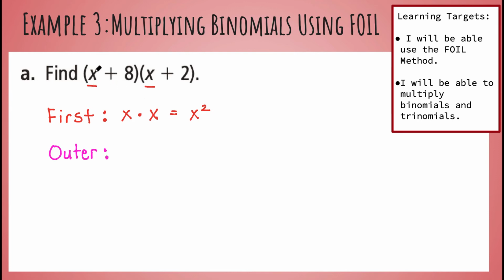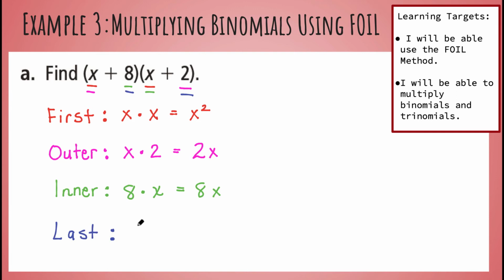The outer terms are going to be the outside. So I'm going to multiply x times 2, and when I do that, I get 2x. The inner terms, 8 times x is equal to 8x. And then last, 8 times 2, which is 16.